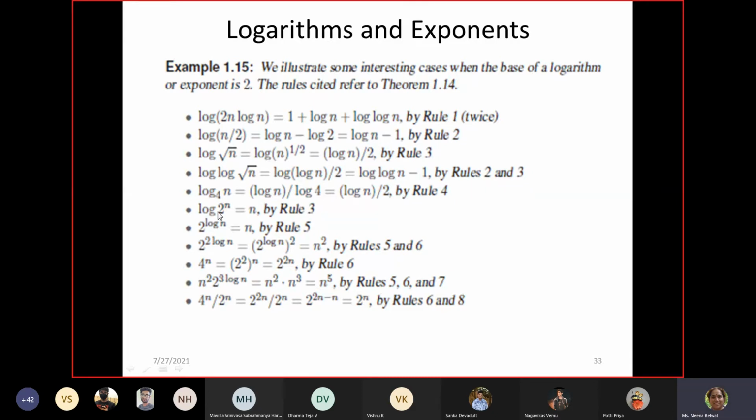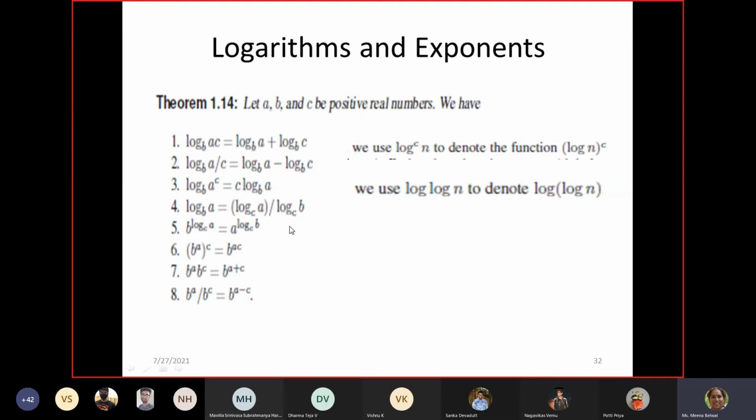Okay. Then log 2 to the power n becomes n by rule number 3, and 2 to the power log n becomes n. Can you understand this? 2 to the power log n becomes n by rule 5. Rule 5 was this: a to the power log b base c is b to the power log a base c.